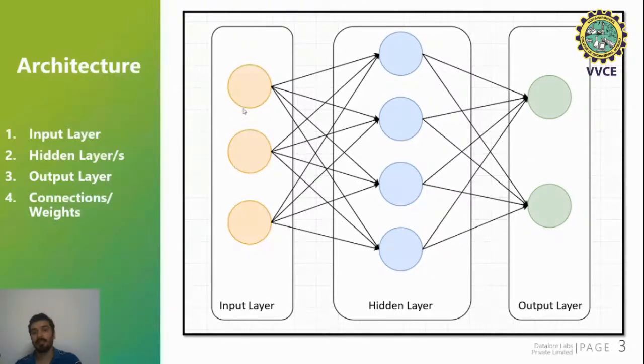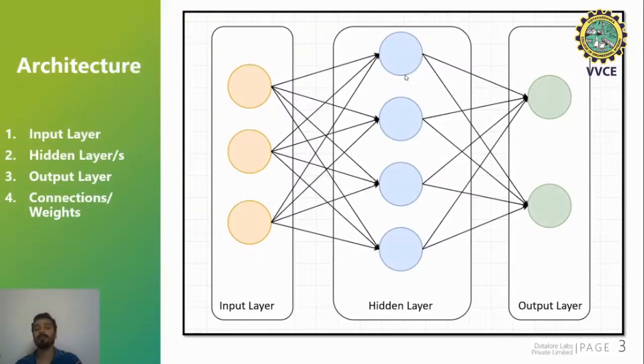This is a unidirectional move, which means your information is flowing from this to this and this to this. The input layer is where all your feature values are passed. These connections will have some kind of weight associated with them, which helps determine how much information is flowing from here to the next neuron.